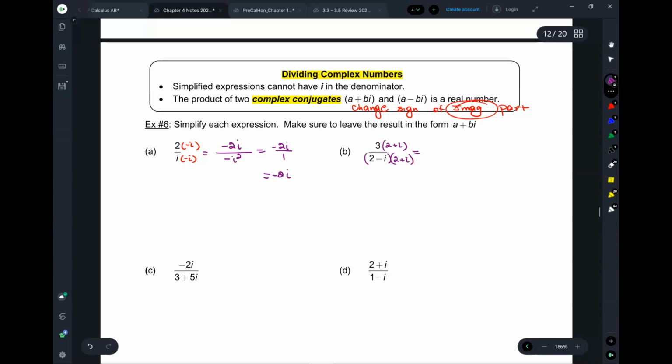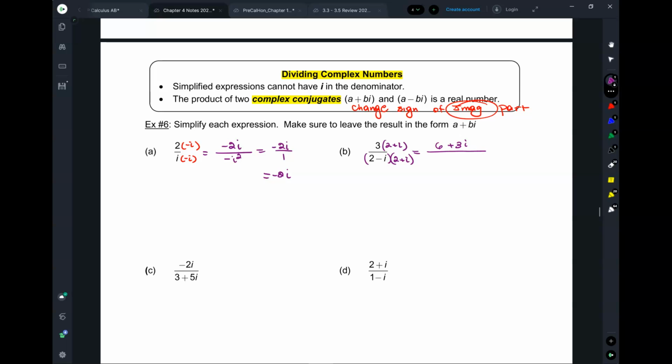Okay. So, in the numerator, I get what? Okay. Now take a look. This is super important. In the denominator, I have 2 minus i, 2 plus i. a minus b, a plus b. When you've got the same thing with different signs in between, there's a shortcut to multiplying them.